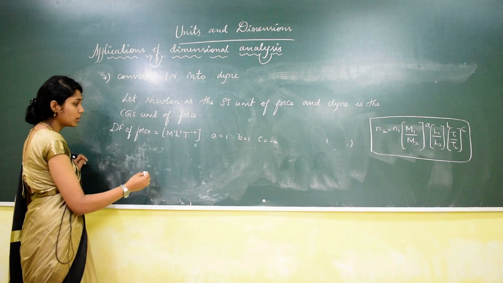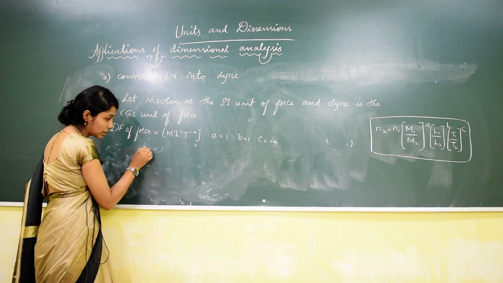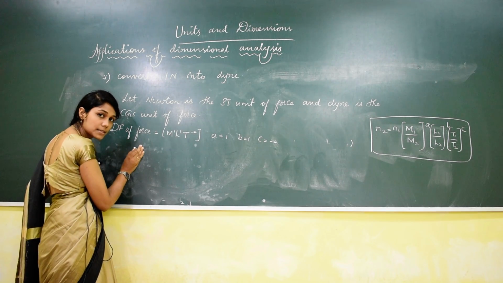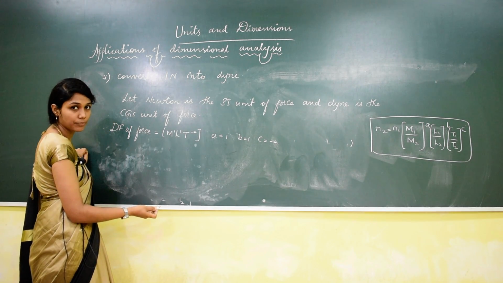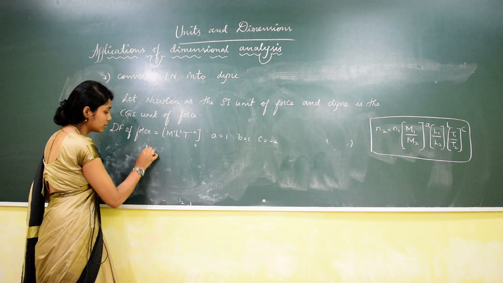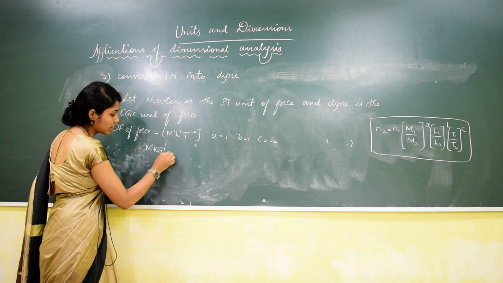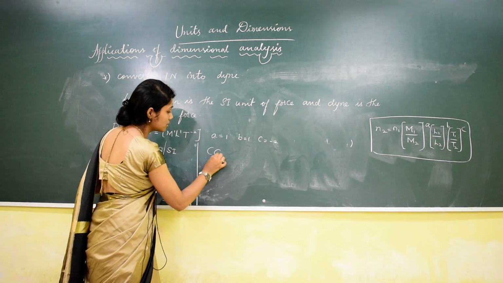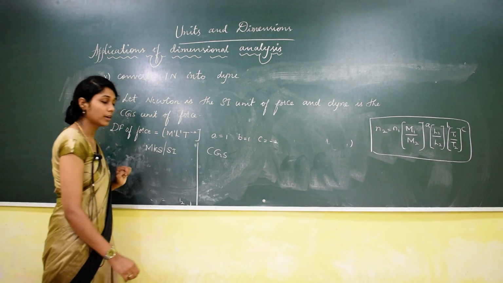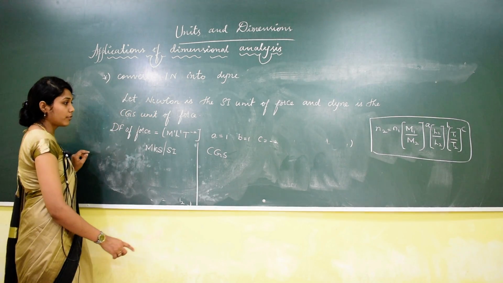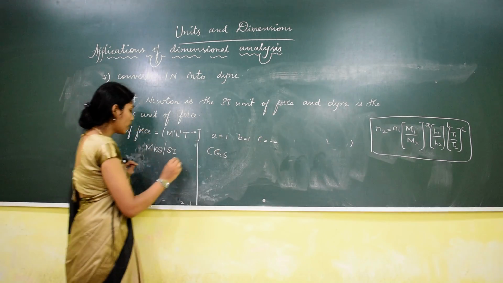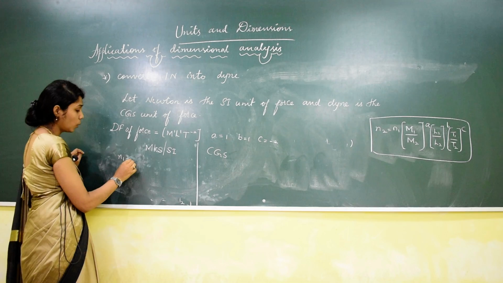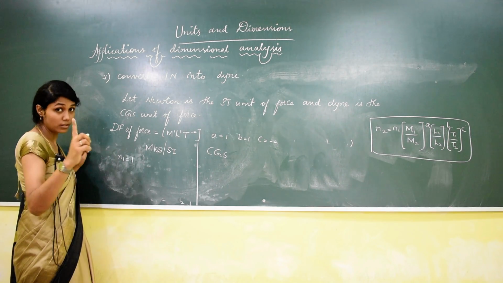Okay, so now let me write the dimensions in the MKS system as well as in the CGS system. So let me write here MKS, which is also SI, and this is the CGS unit. Fine then. So n1 is equal to how much here? n1 is equal to 1, the numerical value of 1 Newton is given.